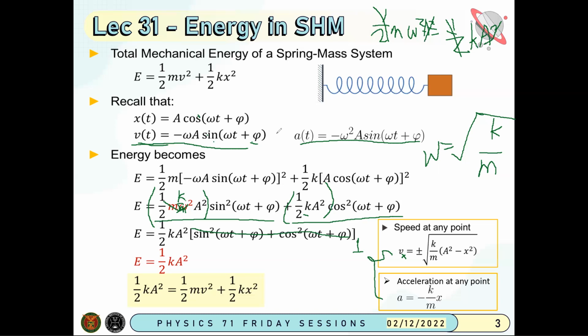Tapos mapapalabas mo yung v equals something ng x, kung ano man yung something. But to get that, mahirap siyang i-derive. So ibinibigay na lang usually itong v of x. Okay. Pero essentially same to, except na iba yung form, kasi ito ay dependent sa time, ito ay dependent na lang sa position. Okay? Okay ba yan?